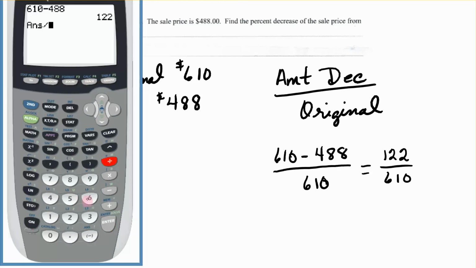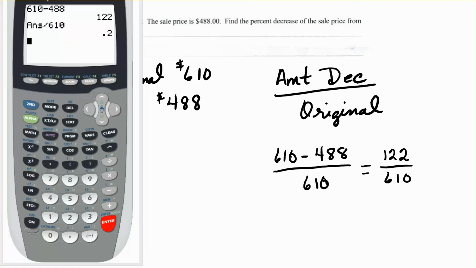Now I want to divide it by 610. You notice that when I hit divided by, it pulled the most previous answer and said, oh, you want to divide that by 610, and I do.